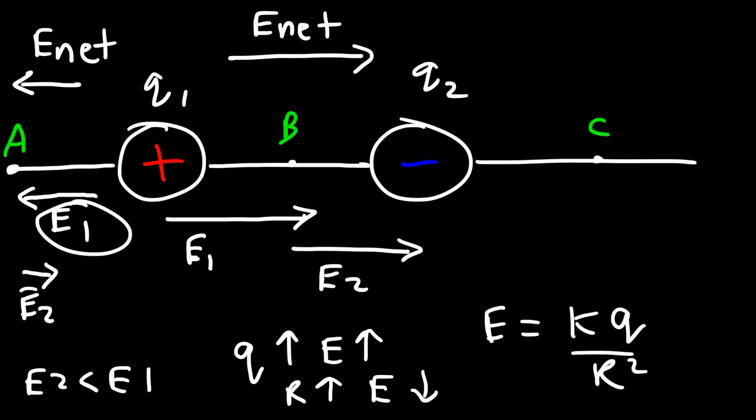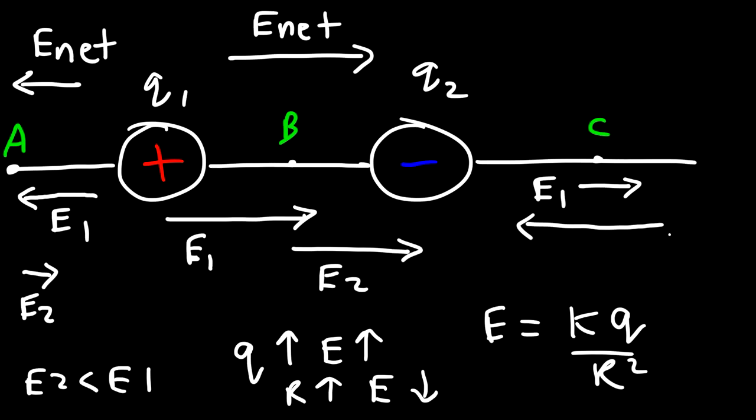Now at point C, E1 is going to emanate away from the positive charge towards point C. So it's going to be going in this direction. And for E2, it's going to point towards Q2, that is towards the negative charge. And it's going to be bigger because point C is closer to Q2 than it is to Q1.